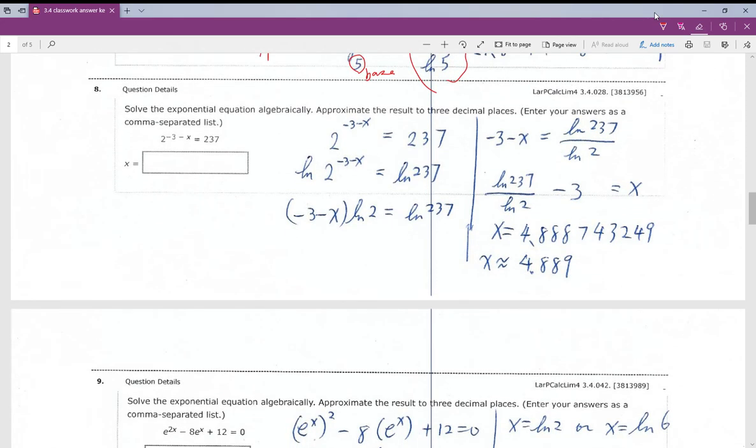Number 8. Same thing, I try to go by definition. Now the exponent is the whole thing, and the base is 2. So I recopy this question here. Why?